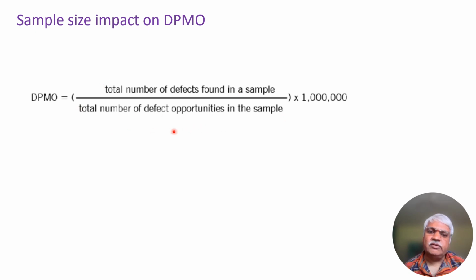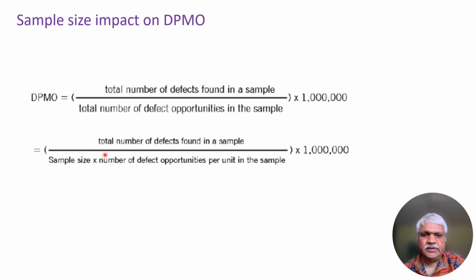However, you need to know that the total number of defect opportunities in the sample are so many only, because it depends upon the sample size. You are not polling the entire population of the wafers and dies which the product is shipped. So you should know the difference between a sample and population. We don't need to ensure that sample size should be equal to population size. It should be a correct representative.